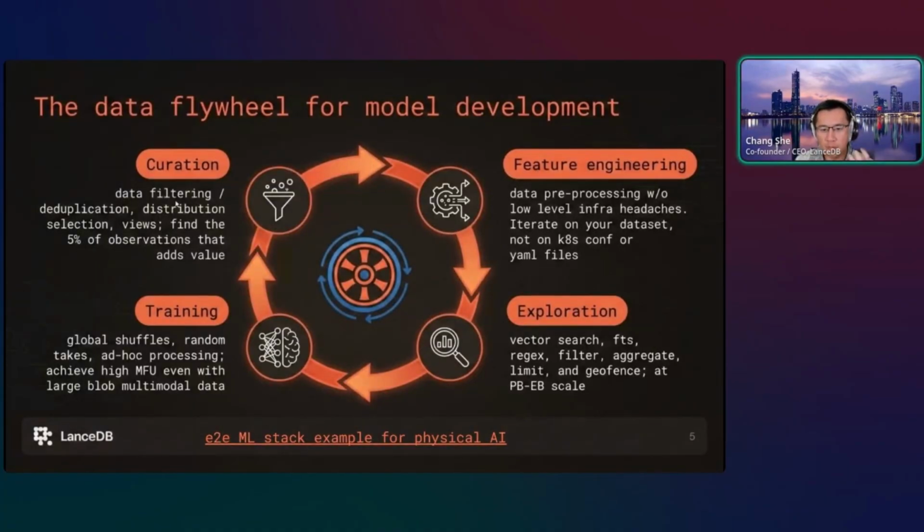So we start with curation, where we are filtering the data, we're deduplicating, tens of billions of observations. We're doing distribution selection, creating materialized or non-materialized views on this data, and basically the task and the pain point is finding the 5% or even smaller, maybe 1% or 0.1% of observations that come off devices that actually add value.